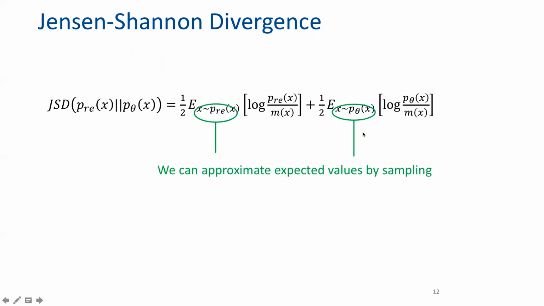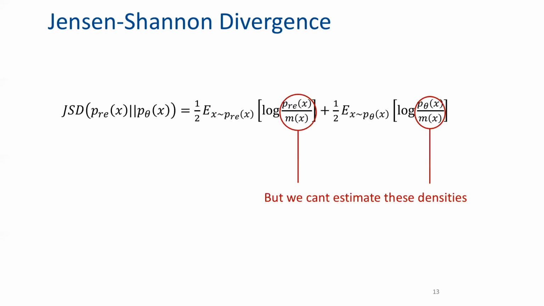And as I just said, we can approximate the expected values easily enough by sampling. We now want to estimate these densities, or to be more precise, density ratios between these two distributions, real and synthetic, and then the average distribution between them.